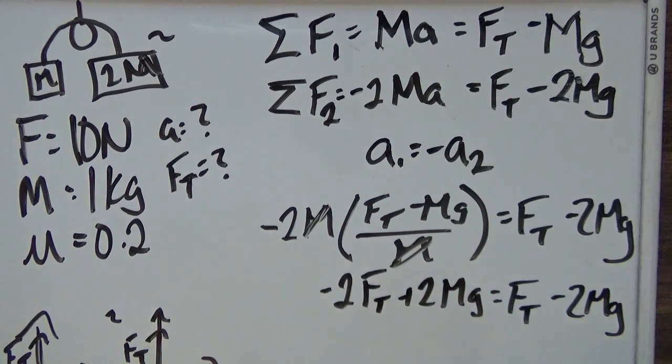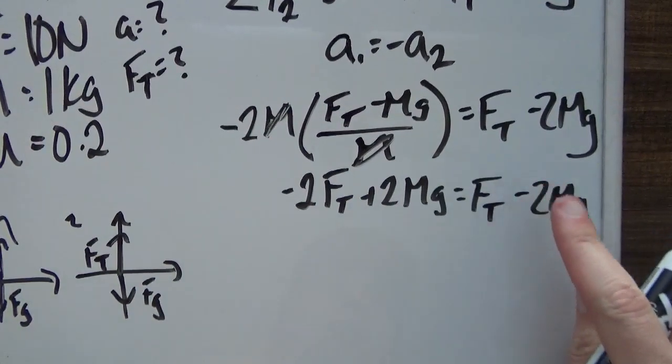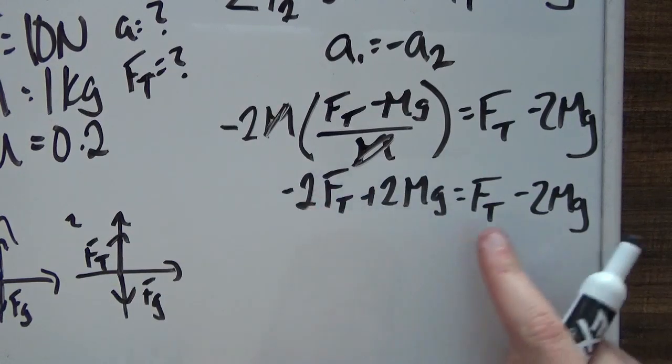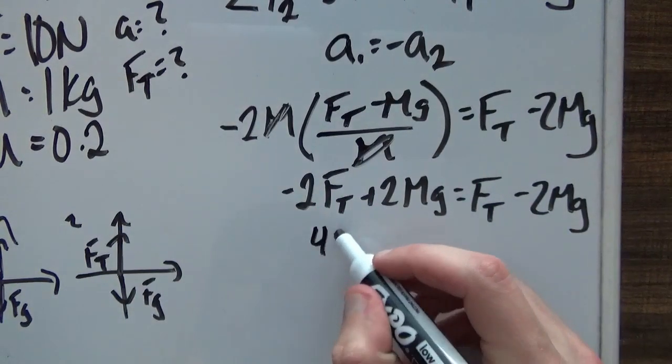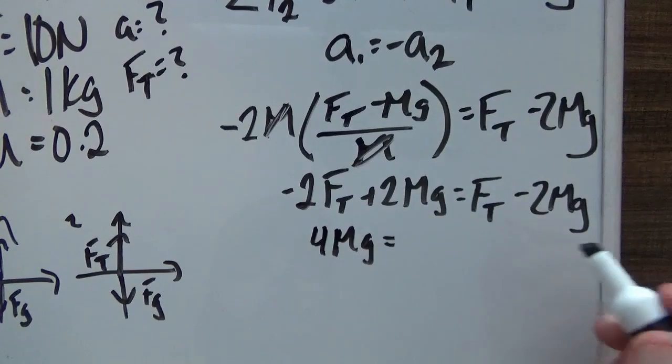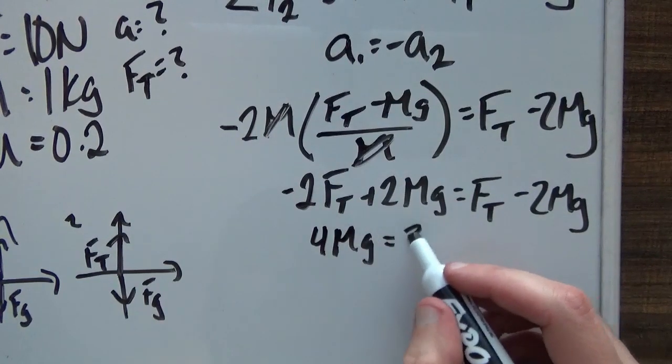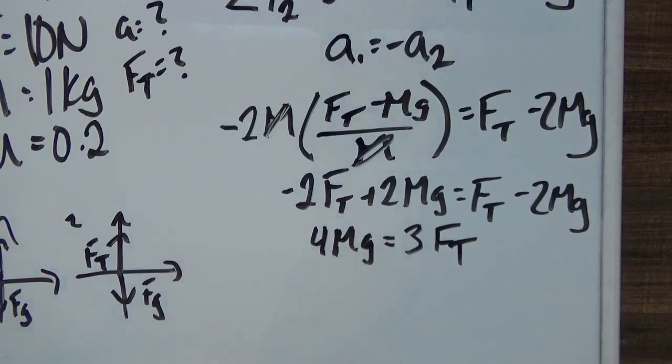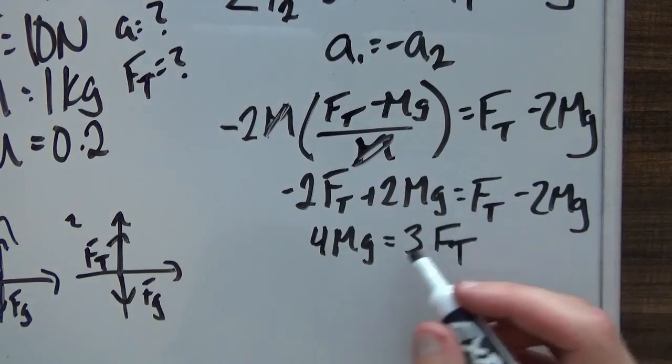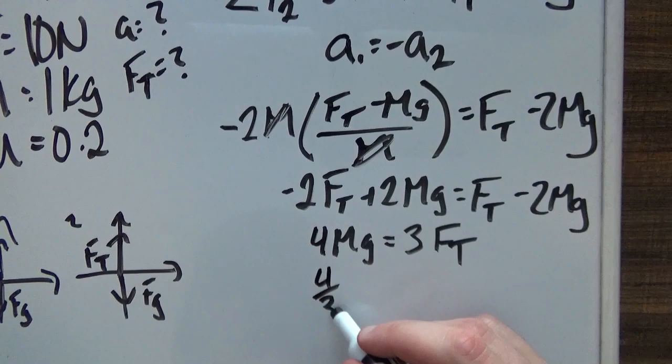And just to move some things around, add 2mg, add 2FT, so we get 4mg is equal to 3FT. And then we can just solve, because we know m, we know g. I'll move the 3 over here already.